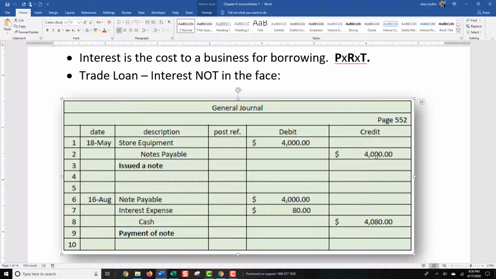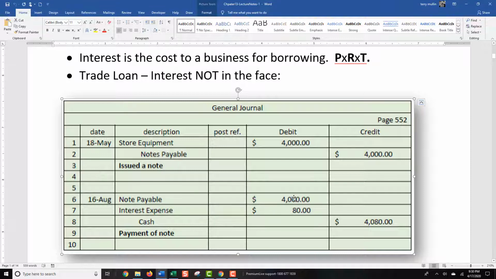Then when you go back and pay that note off, so you take out this note the 18th of May, and it's a 90-day note, then you're going to take the notes payable. It's a credit when you put it on the books. It's a debit when you take it off the books.